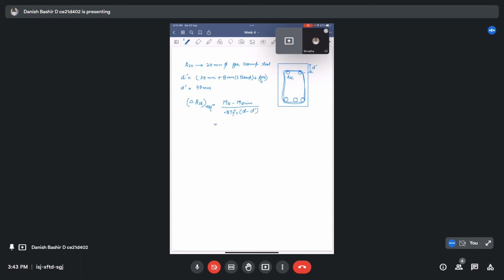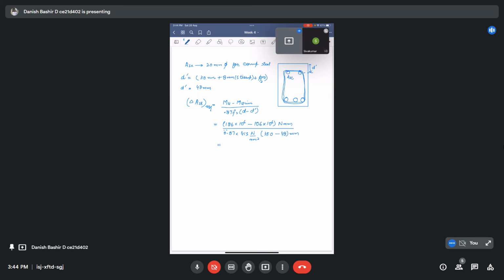Mu limiting is 186 into 10 power 6 Newton mm, because we have to put every unit in Newton mm. 0.87 Fy is 415 Newton per mm square, D is 350, and D dash we assume 48 mm.